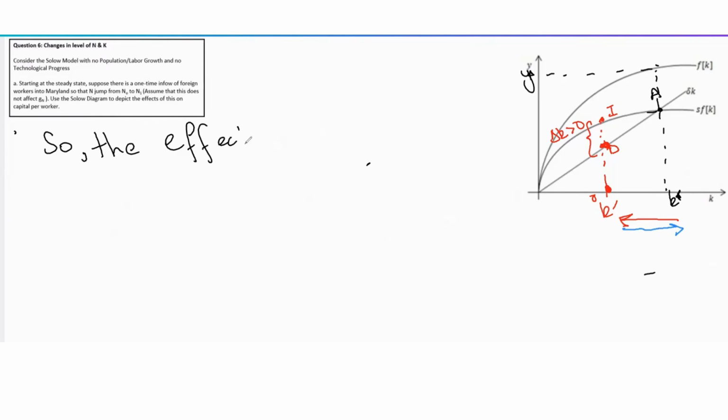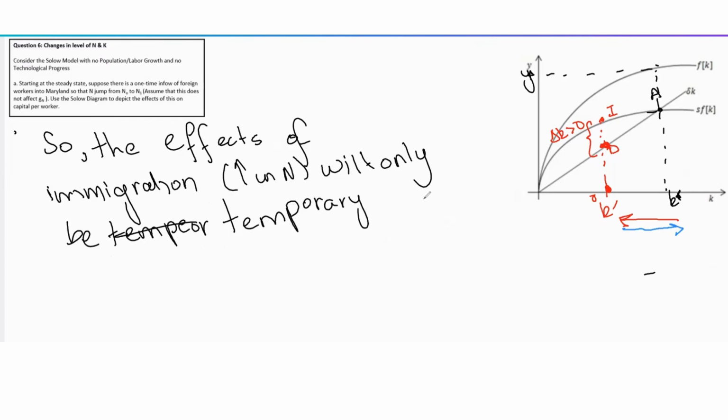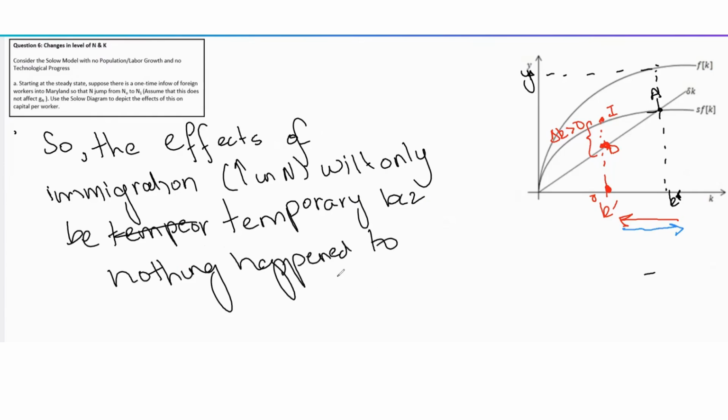So the effects of immigration, the increase in N, will only be temporary. We're assuming that N increases but the growth rate is not changing, it's still zero, because this is the basic Solow model. Nothing happened to investment or depreciation.